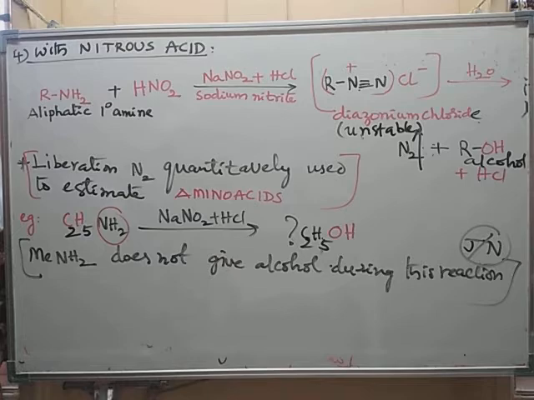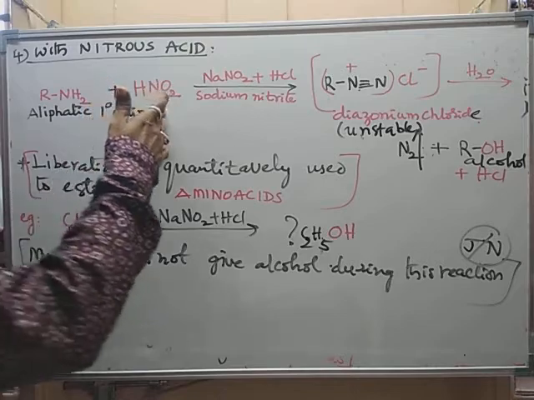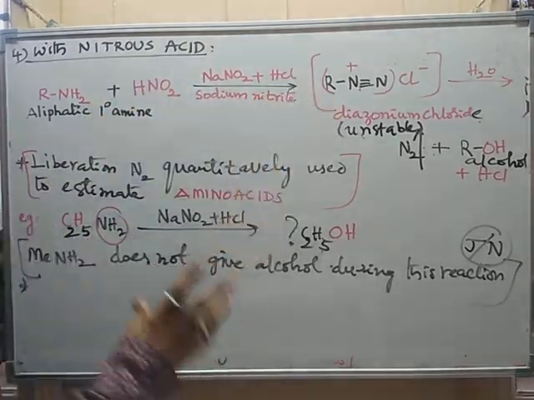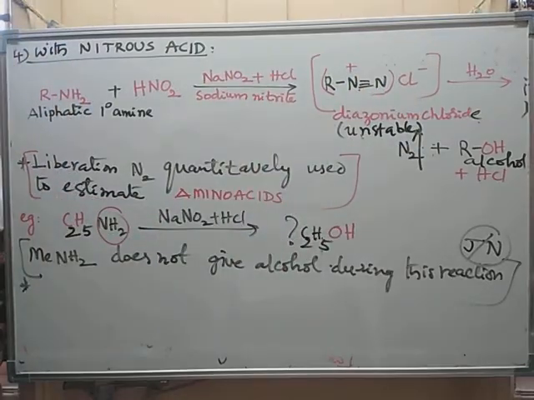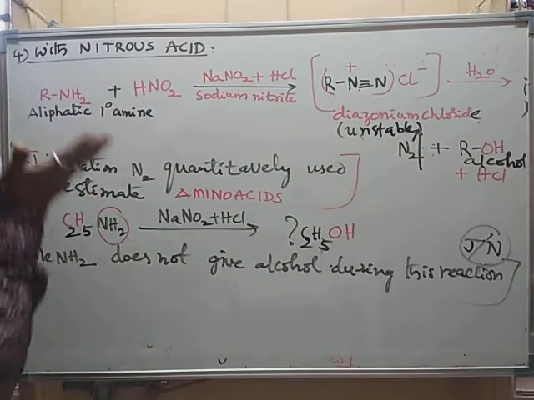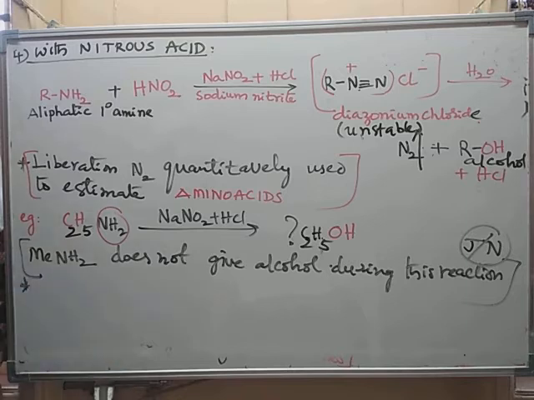Now, what about aromatic primary amines? Yes. It is a very interesting and frequently asked area. Aromatic primary amines are treated with nitrous acid. By the combination of this one at low temperatures, we will get stable diazonium salt. There is a difference between aliphatic primary amine and aromatic primary amine.